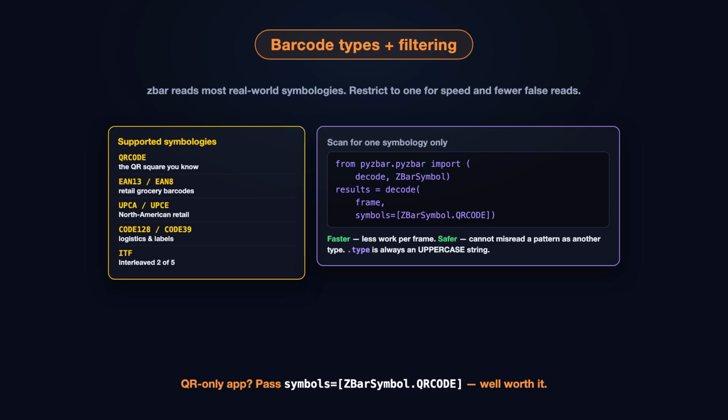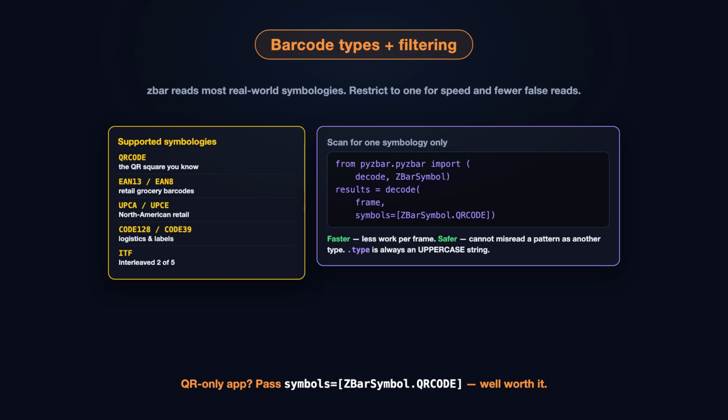It also reads the code families used in logistics and labeling: code 128, code 39, and interleaved 2 of 5, often written as ITF. Remember that .type field on each result tells you exactly which one it matched, as an uppercase string.